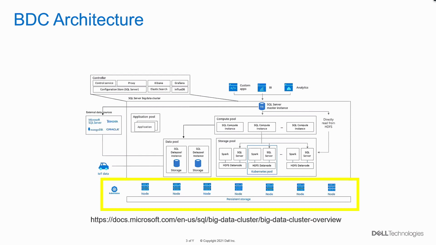Here at the bottom is really our infrastructure layer. And so in this case, in the use case that I'm talking about, we're going to deploy this entire infrastructure on top of PowerStore X to really try to simplify the experience of having to set all this up within a physical environment.